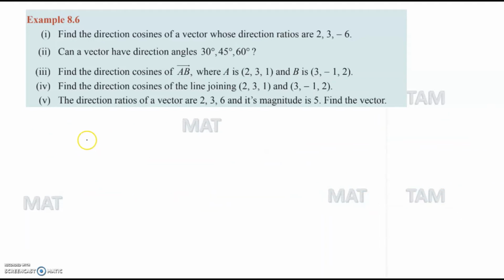The last part of the question is, the direction ratios of a vector are 2, 3 and 6 and the magnitude of the vector is 5. Then find the vector. So we are given the direction ratios, or rather a set of direction ratio. Direction ratio is given as 2, 3 and 6. Now we can find the direction cosine using this.